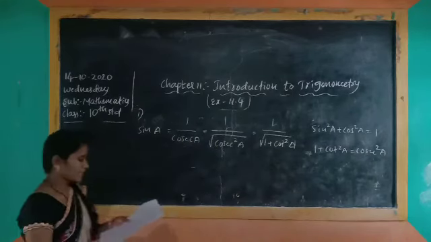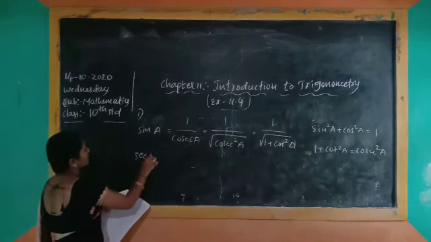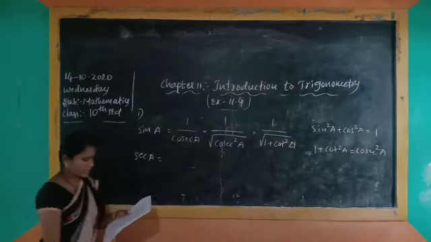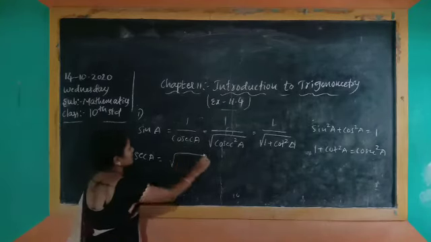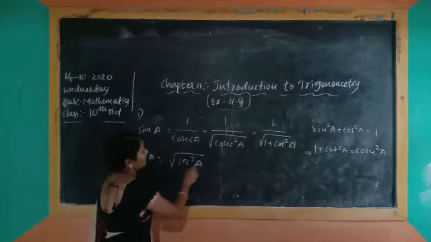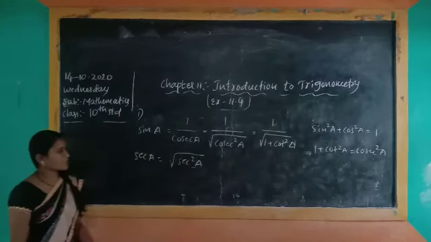Next, secant A. Convert secant A to cot A. I will write this as square root of secant square A, because square root will get cancelled.